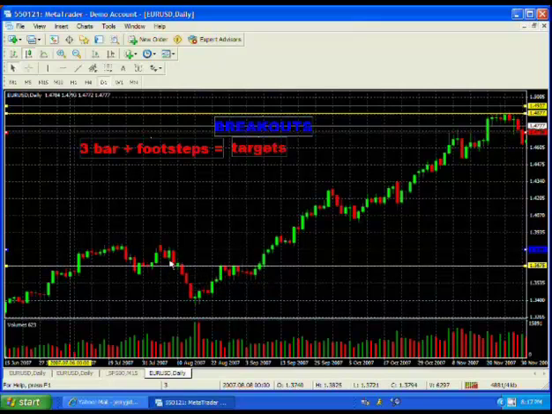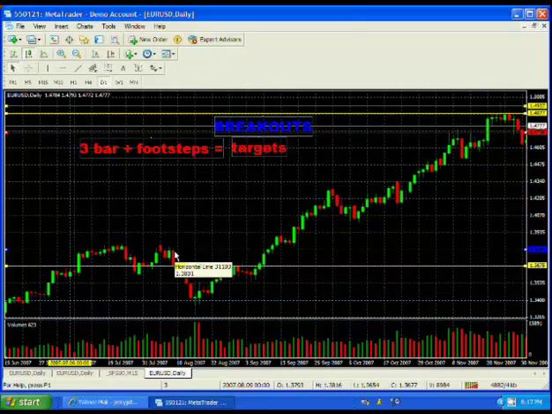And so most of the time it's going to go ahead and, if not break through, test the full range of this bar, especially when we consider that this is the top of 3-bar. So when we combine both of our principles together, 3-bar and footsteps, then this is our logical take profit point here.